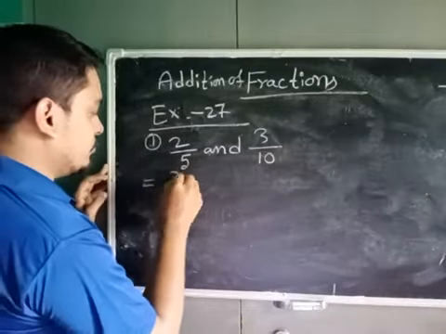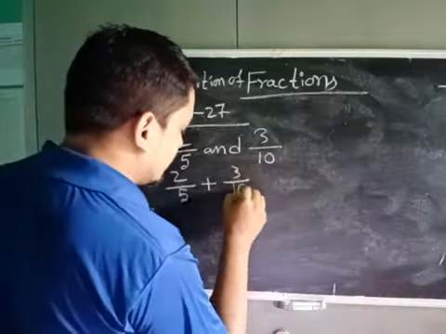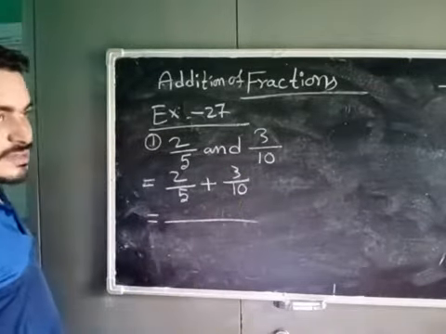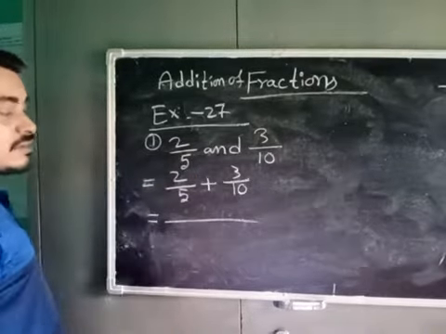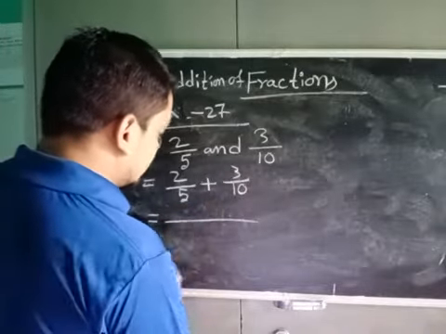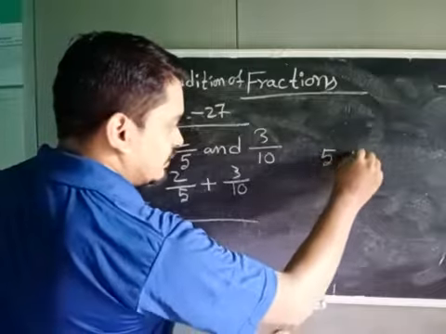So what to do? 2/5, then after plus 3/10. So here you see these are not like fractions, because they have different denominators. So what to do here? We have to find out the LCM. So what we have here, we have 5, here we have 10. So we have to find out the LCM.